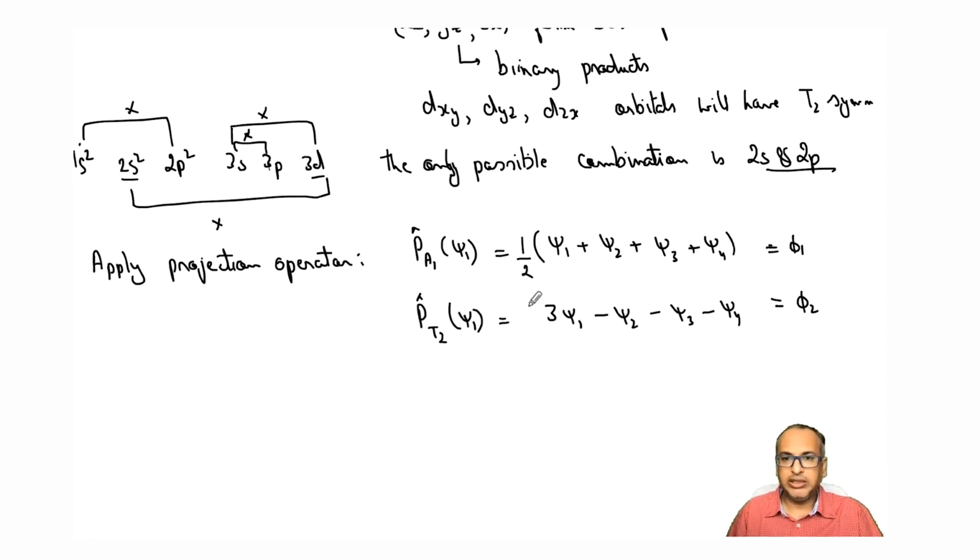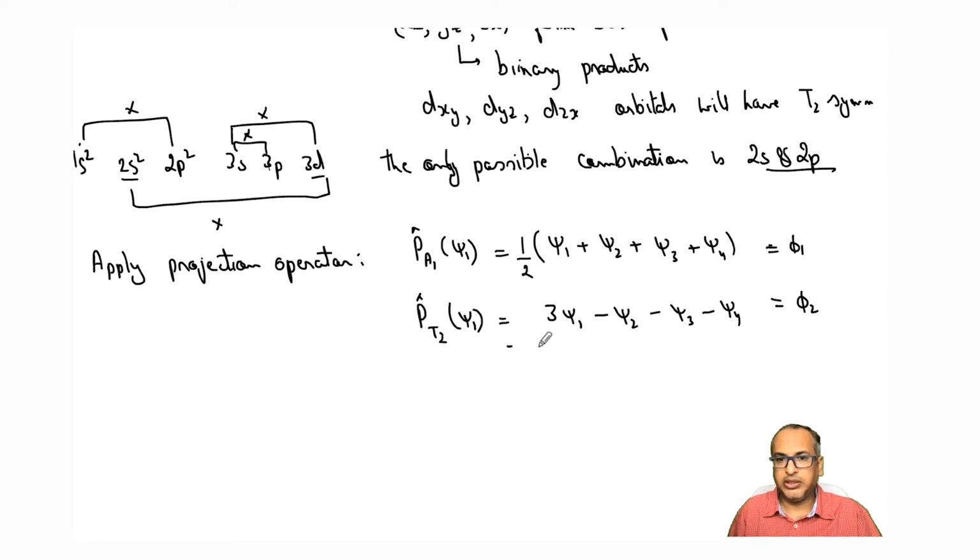If we carefully see, instead of a combination of 4 psi orbitals, we have 3 here and 3 here. So 6 psi orbitals are interacting with each other. That is not a favorable case because you have more than the expected orbitals.